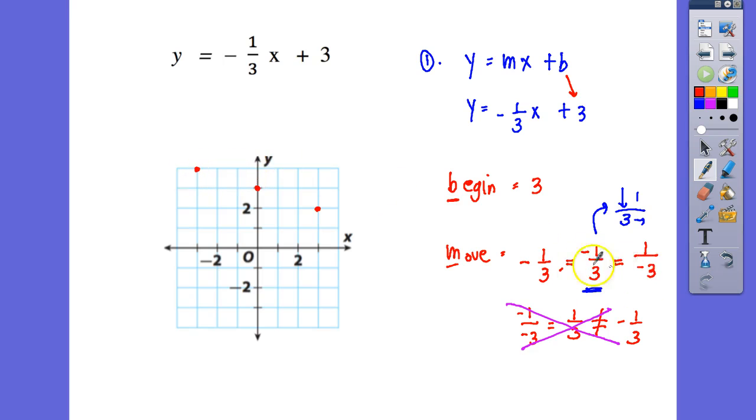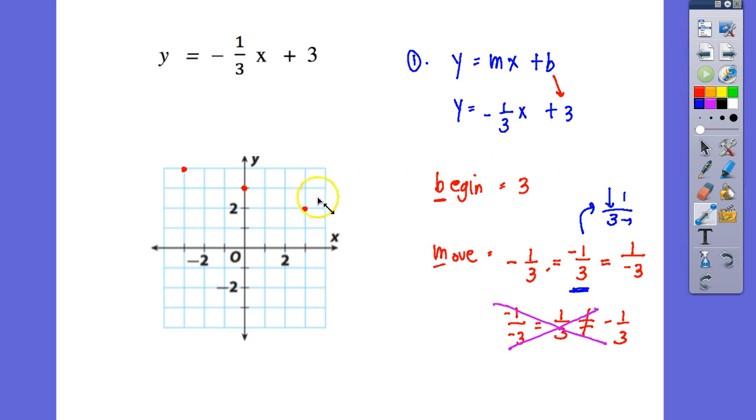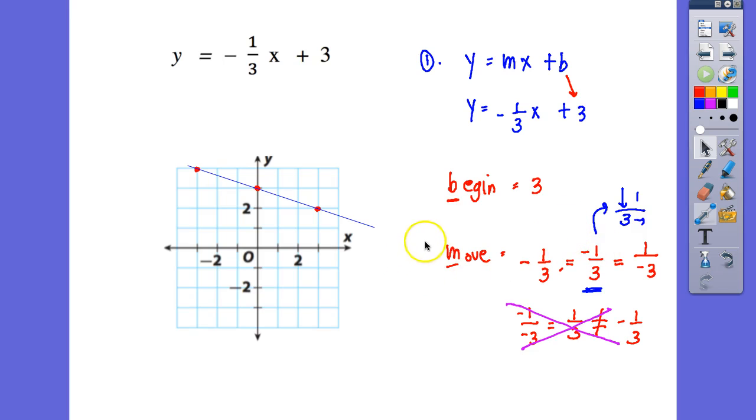Remember, these two are the same thing. So you can do that. Once you have your points, go ahead and connect the points. So there you go. That's the graph of the equation y equals negative 1/3 x plus 3.